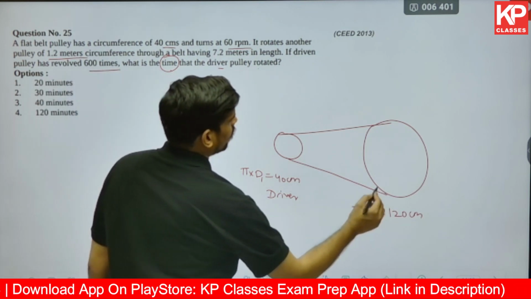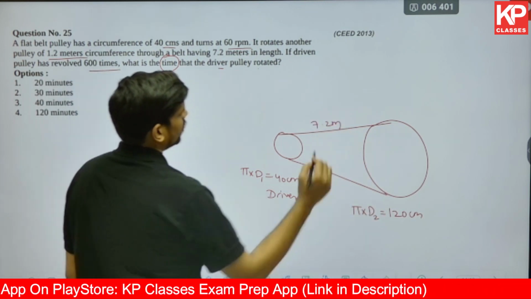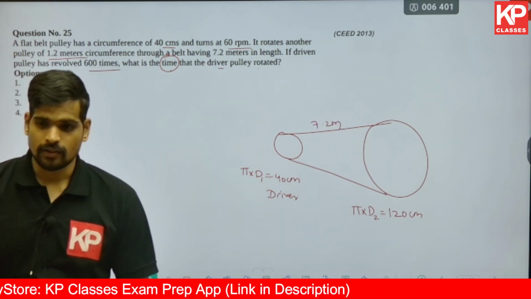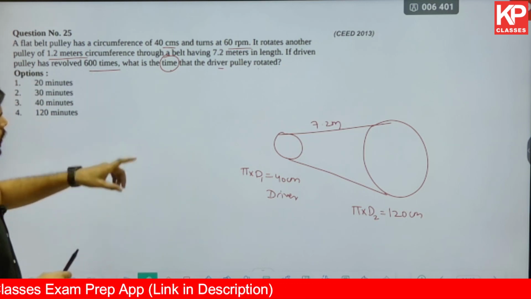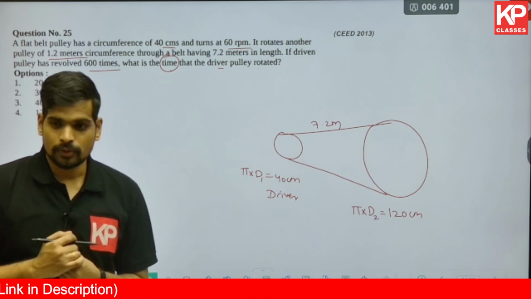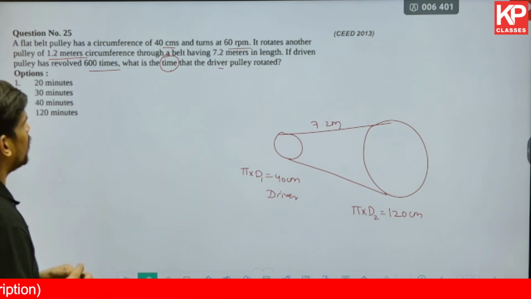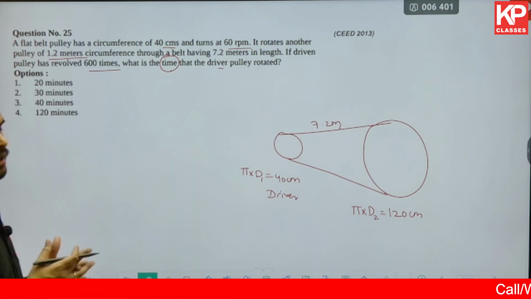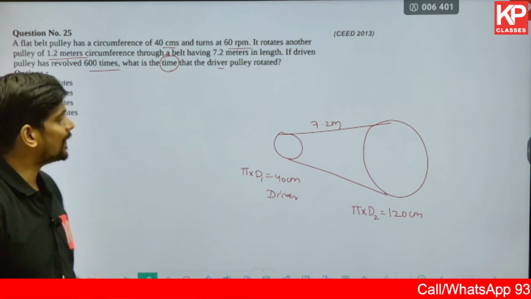The total length of the belt they are saying is 7.2 meter. However, that's not of consequence in order to solve this question or such questions. Unless there is friction to be considered, these factors do not play a role. So we have to assume that it is frictionless because no other information on friction is given.